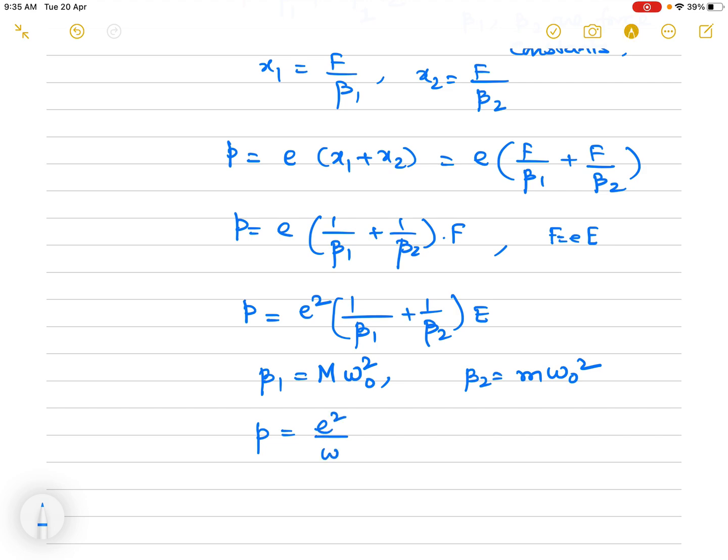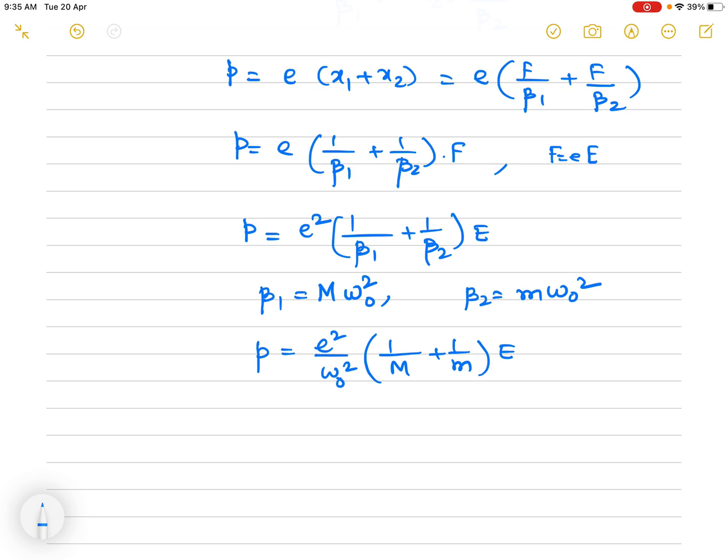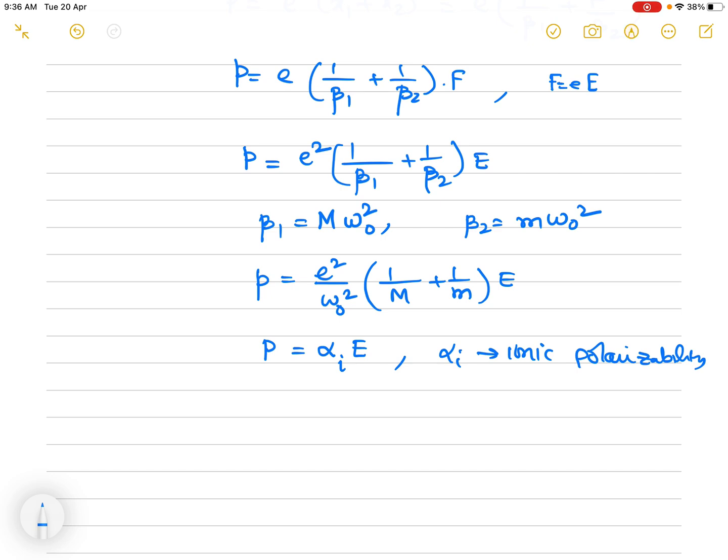m, times E. Now we compare this with our definition of dipole moment. The induced dipole moment is proportional to the strength of the field. So in this case P is equal to alpha times E, where alpha is the ionic polarizability. So when we compare these two equations, we get alpha is equal to e squared by omega naught squared, times 1 by M plus 1 by small m.